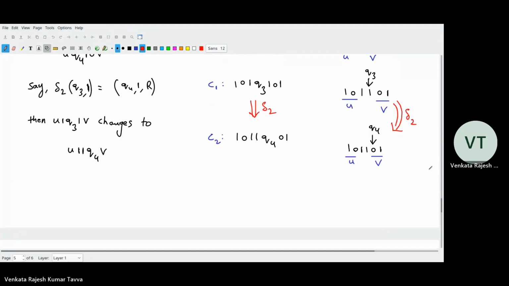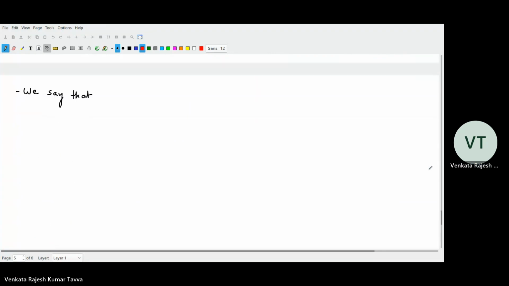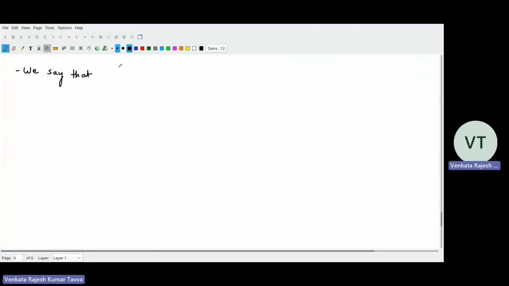UA QI BV yields U QJ A CV if delta QI B equals, so can you guess what the 3 things here are?